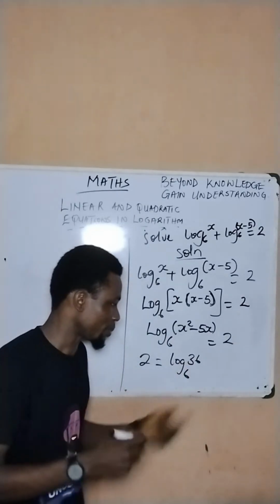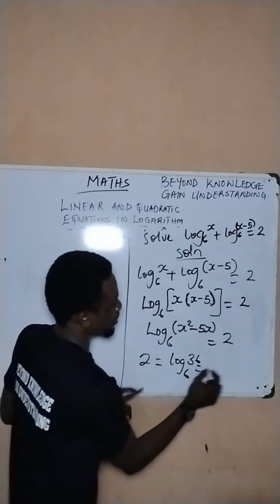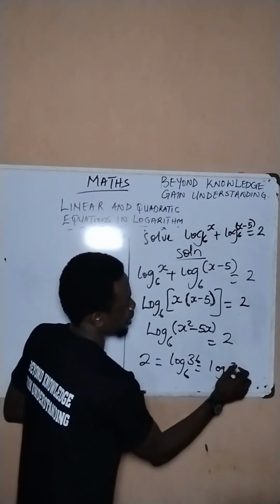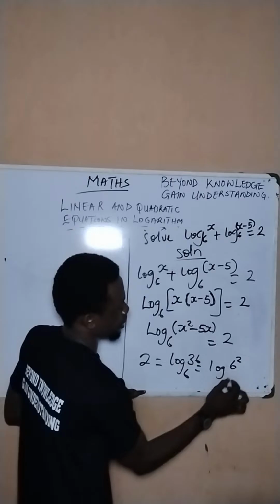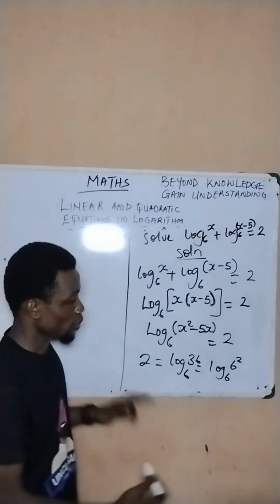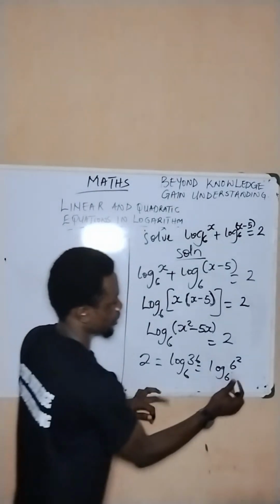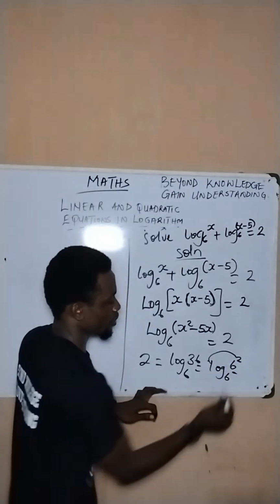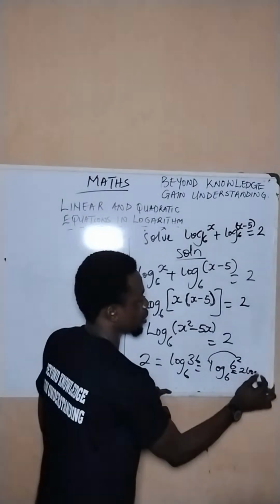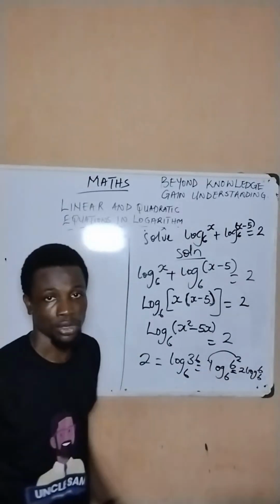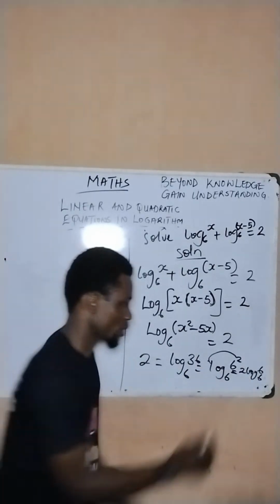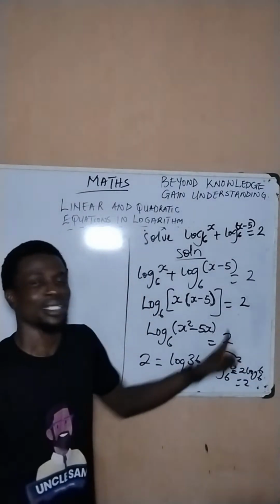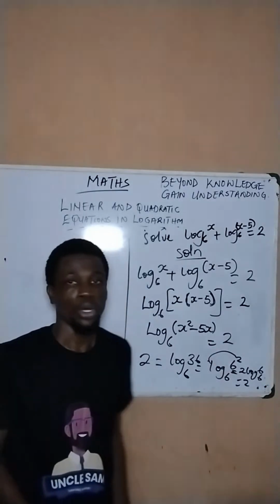So this is what it simply means, because if you switch this, it's the same thing as what? The log of 36 is the same thing as 6 squared to the base of 6, which if you apply the basic law of logarithm, the power law, the power becomes the coefficient. So this becomes 2 log 6 base 6, and log of anything to its base is equal to 1. 2 times 1 is equal to 2. So see, that's genuinely how this 2 was gotten.